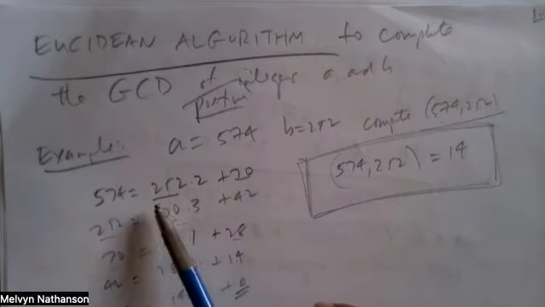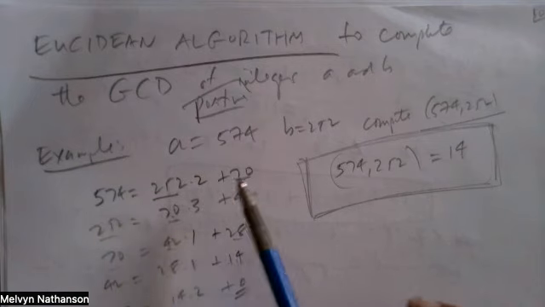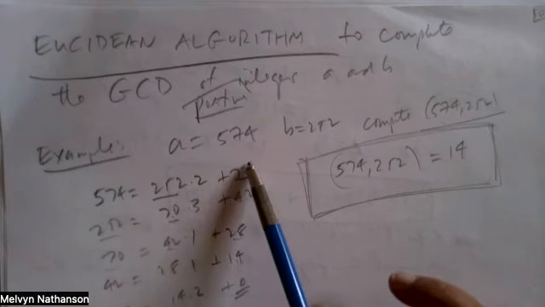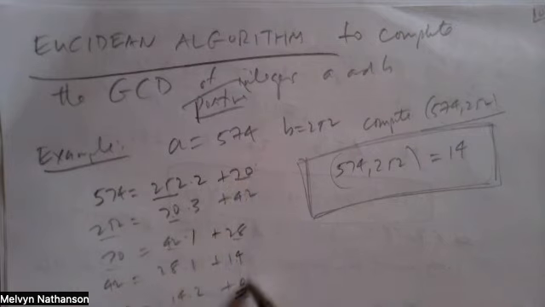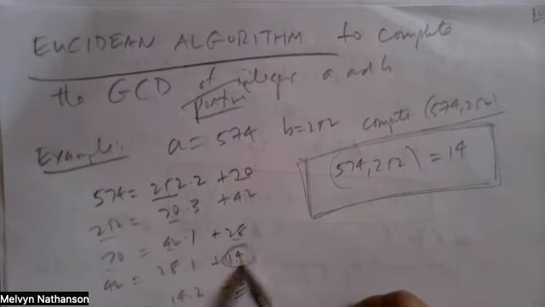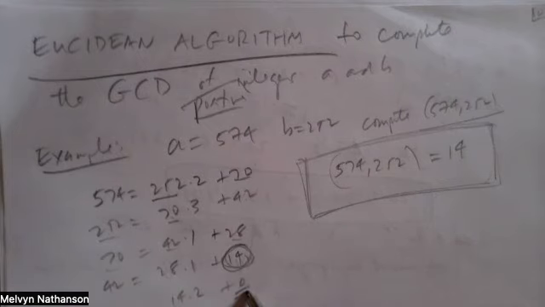So when I do this process of successive long divisions, I get a strictly decreasing sequence of remainders. And the last positive remainder, the last remainder I get that's not zero, is the GCD. So that's what we see in this example. And this algorithm works for all integers.